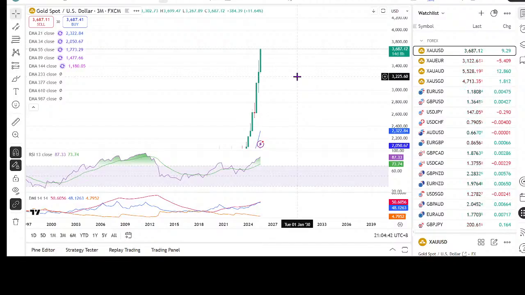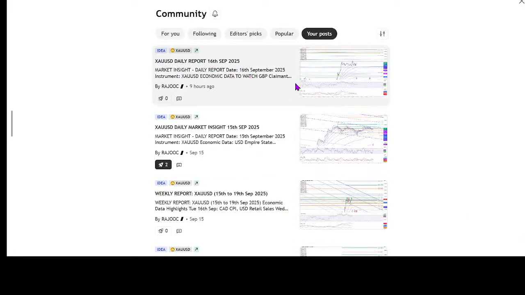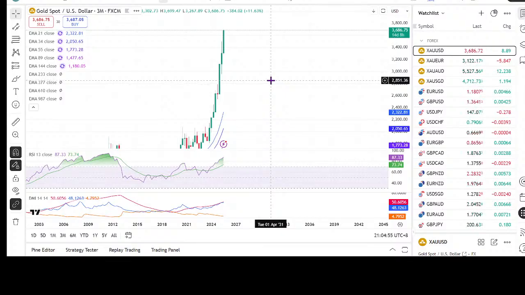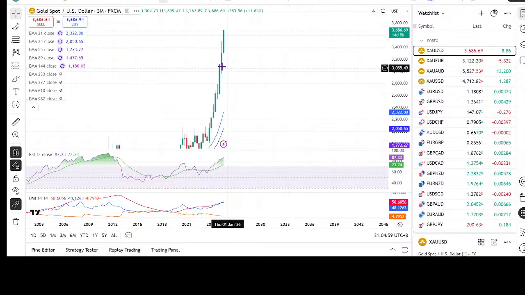Another thing I want to share with you, if you have just joined, is that there is a divergence that we are seeing, on two aspects. One is divergence on the chart itself.